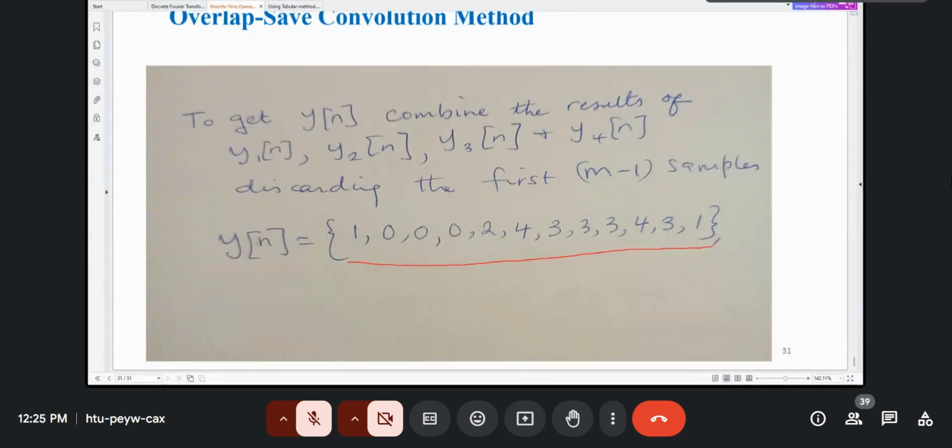So those are the 2 overlap methods we use, overlap save and overlap add, which is considered to be a fast convolution method because it is actually faster.